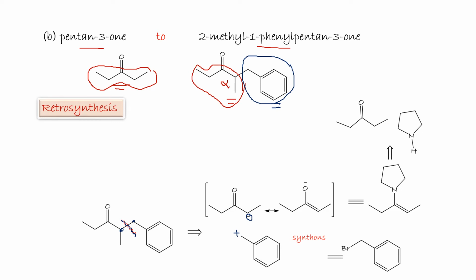This will be the synthetic equivalent enamine, which we can get from our starting material with pyrrolidine, and the benzyl cation will be benzyl bromide.